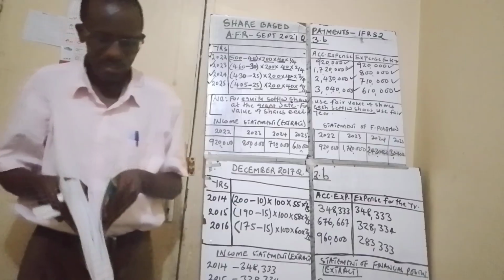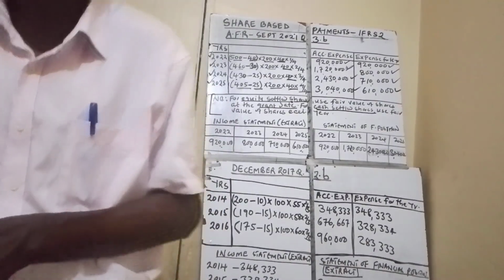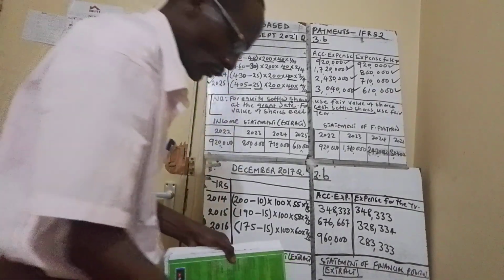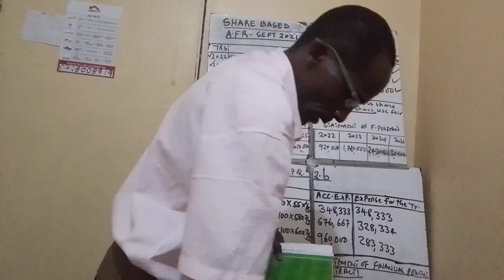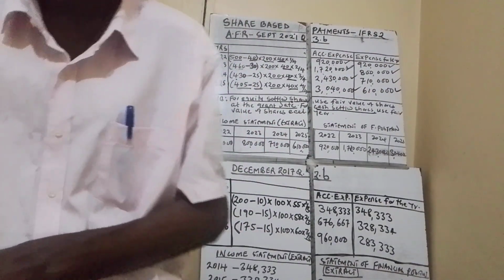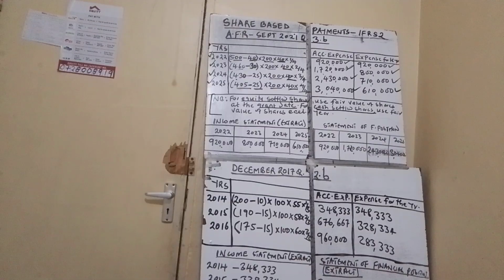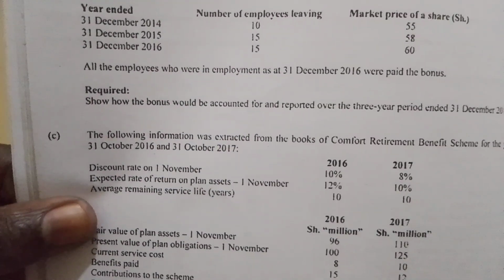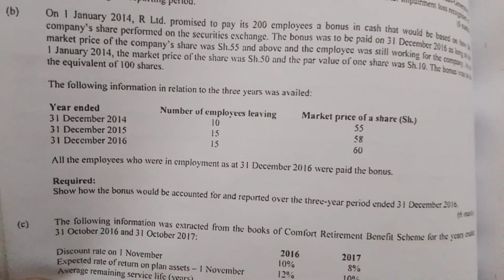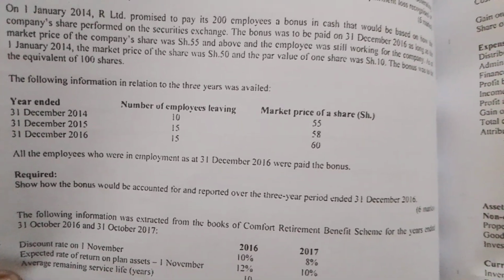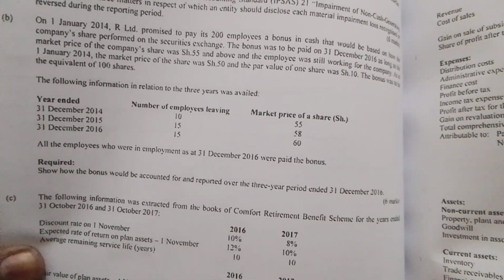I'll show you how it looks. I believe you have the paper with you. Alongside what I have read for you, you can see there the following information in relation to the 3 years was availed.